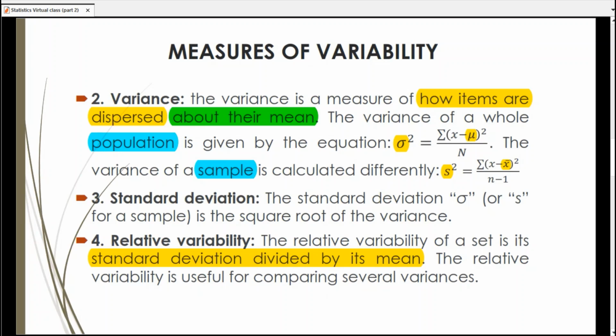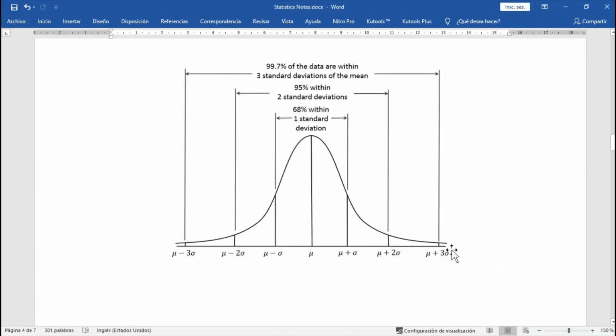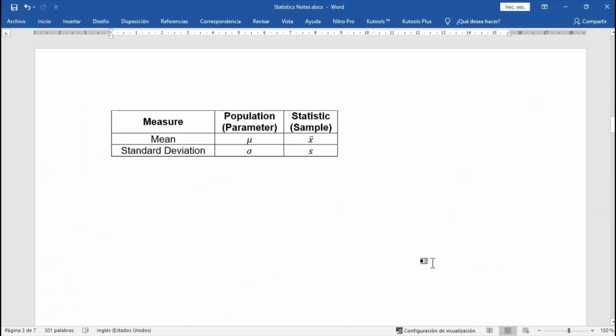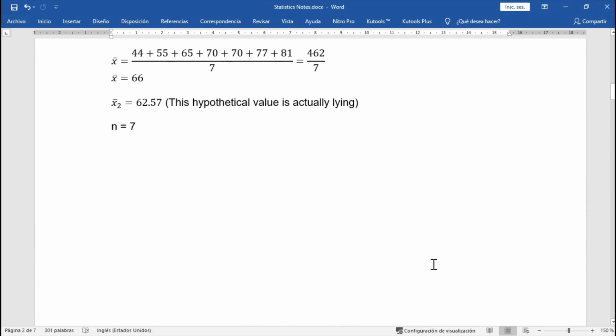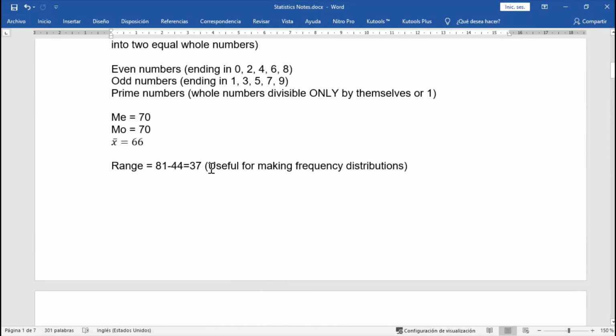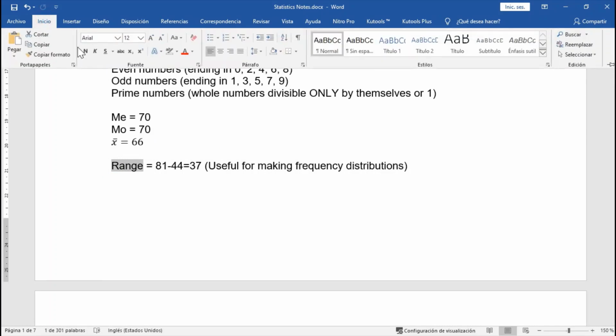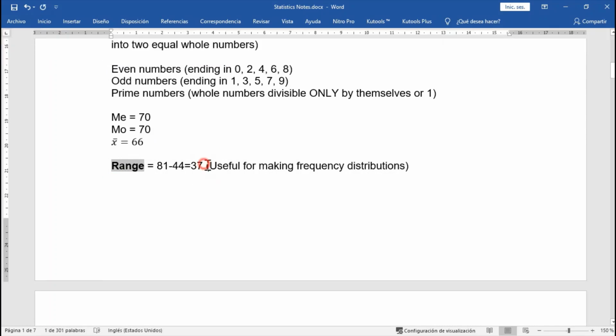And now I just want to finish with, remember that we were speaking about the range. Let's go back to the notes. Now, we said that the range is useful for making frequency distributions.